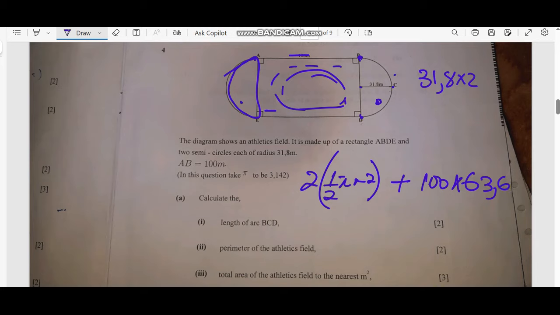Then length times width. Then the twos cancel and I am left with pi r squared. Pi is 3,142 times our radius 31,8 squared.